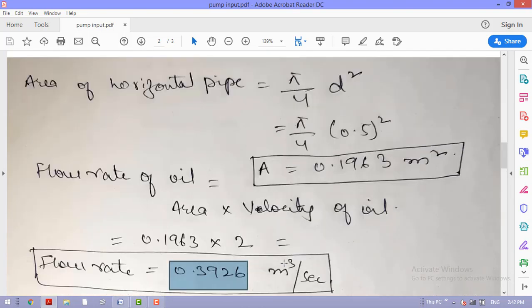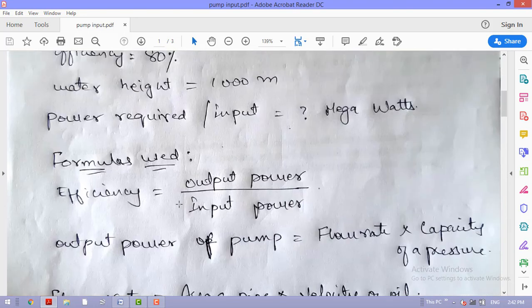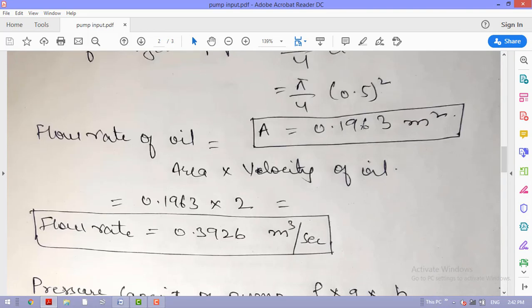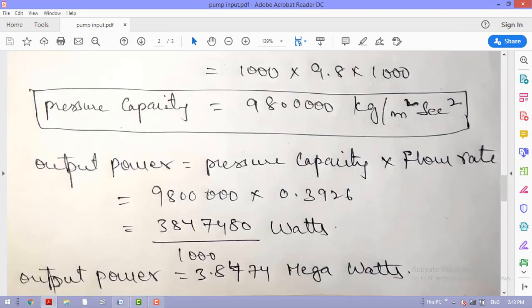But as you can see in the question, we have been asked the input power required in megawatts, right? But we have calculated output power in watts, which is 3847480.